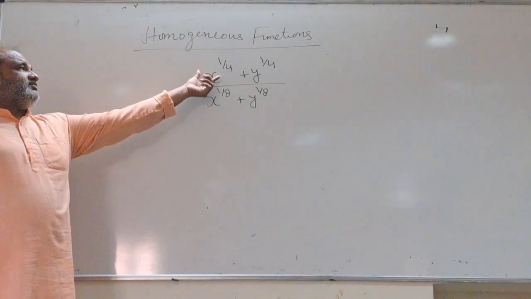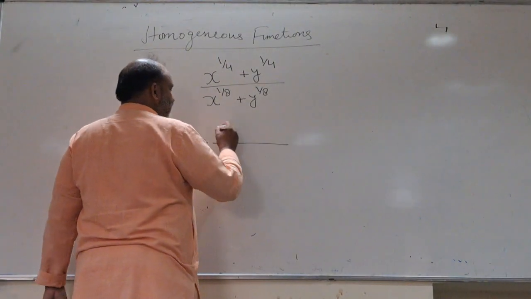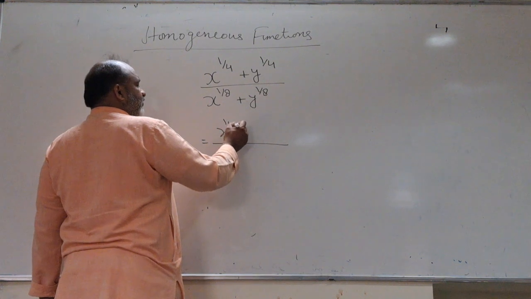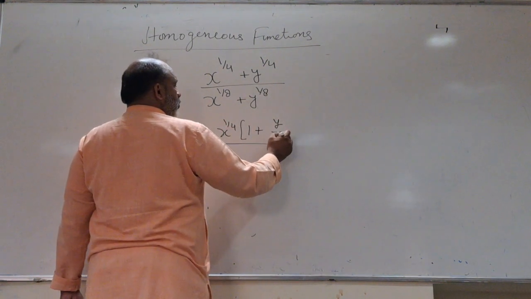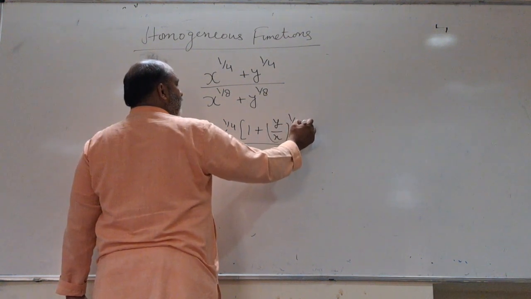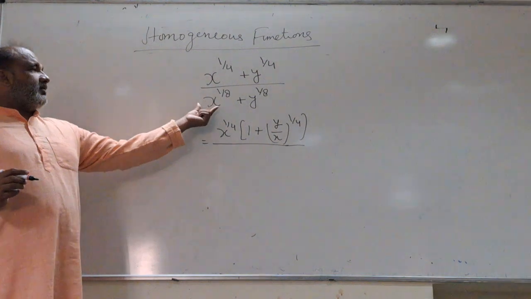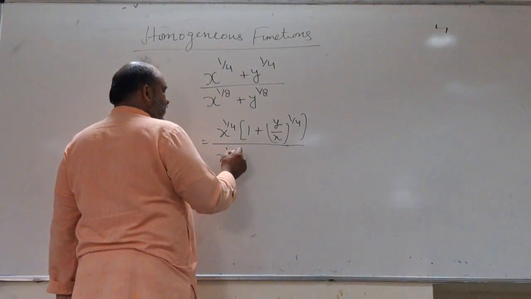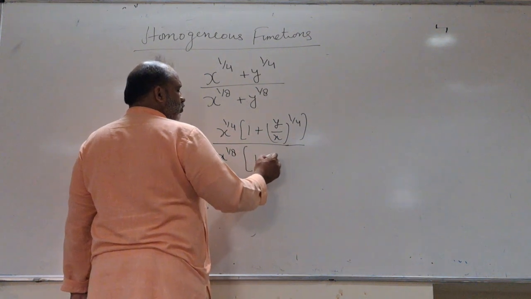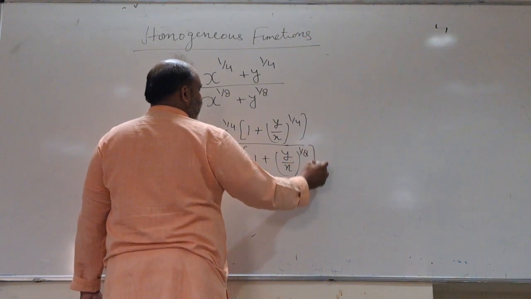If I take x power 1 by 4 common for numerator, this can be written as x power 1 by 4, 1 plus y upon x power 1 by 4, divided by, I take x power 1 by 8 common, so this will be x power 1 by 8, 1 plus y upon x power 1 by 8.